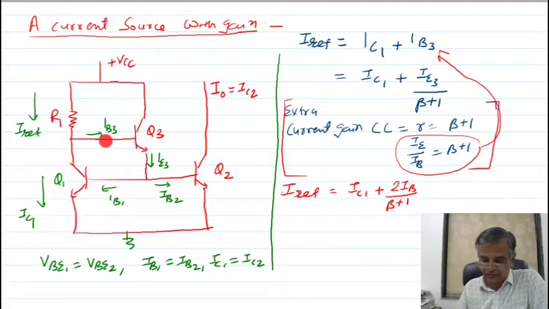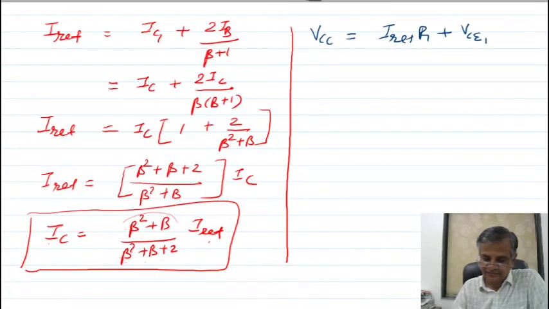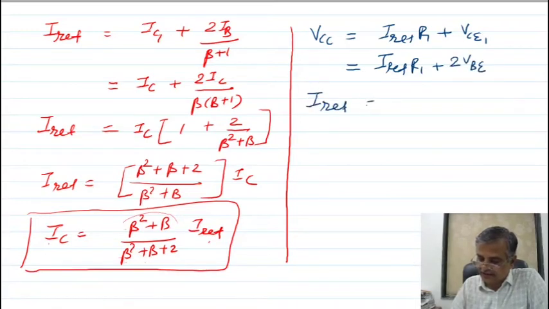VC is equal to VB plus VB. So I can write I reference into R1 plus 2VB. So reference current I can write VCC minus 2VB upon R1.